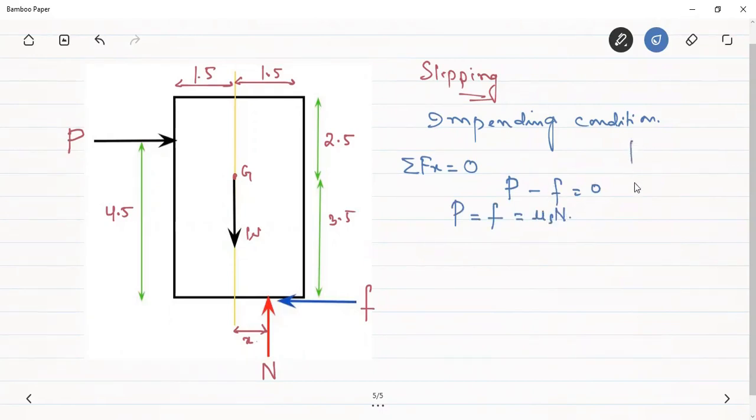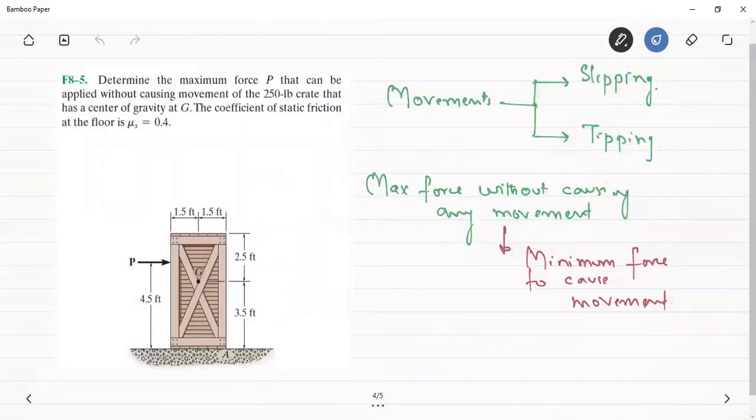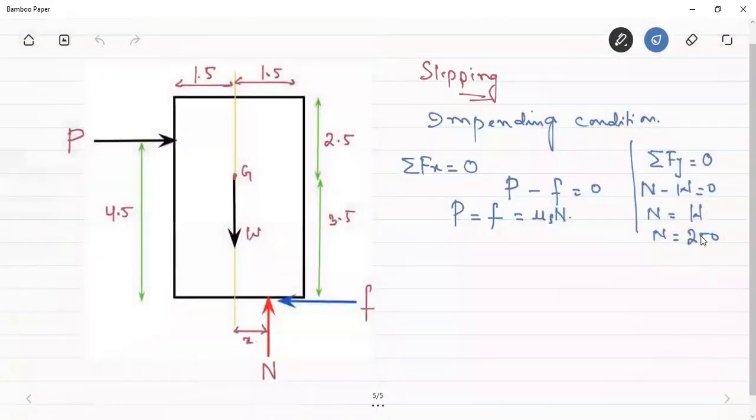And from the summation of the forces in the y direction, this has to be 0. From there, we get that the normal reaction minus W should be equal to 0. That is, the normal reaction should be equal to W, which is 250 pounds.